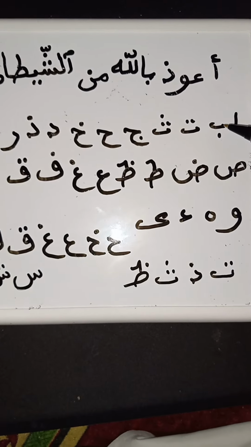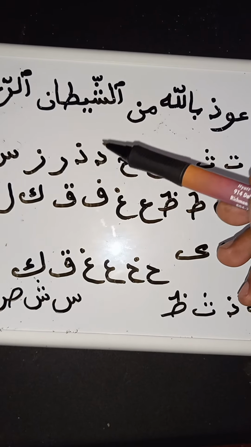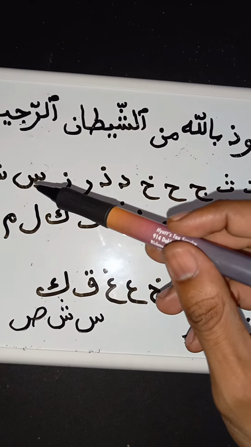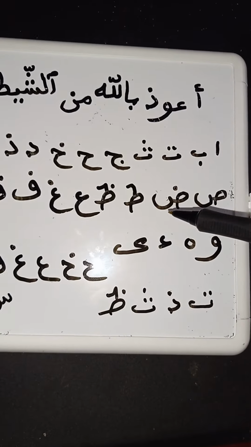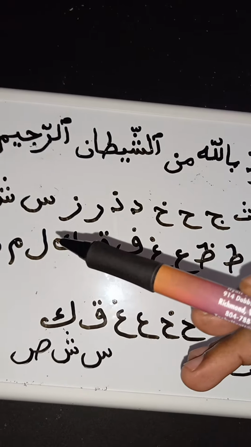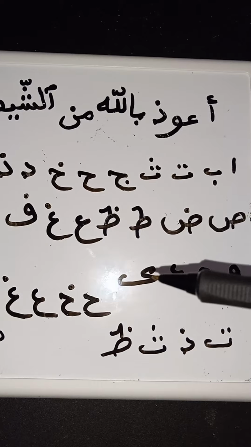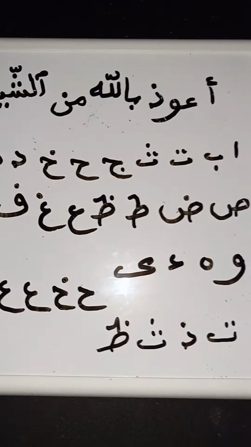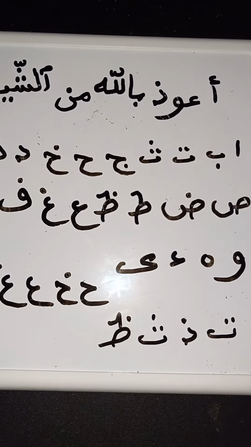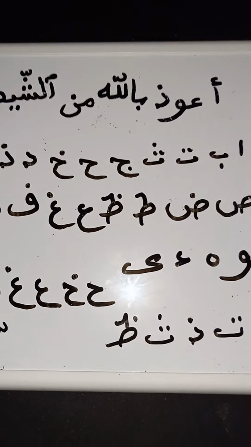On top of ba: ab, at, ath, aj, akh, ad, adh, ar, az, as, ash, aq, ak, al, an, aw, ay. That's how it would sound. This is the sound that the letter generates due to the sukun being on top of it, and we went over the others.